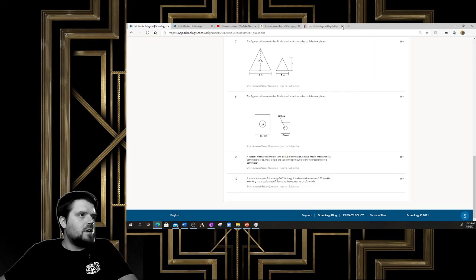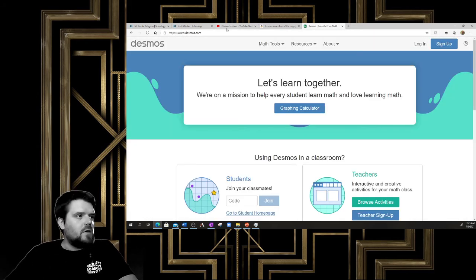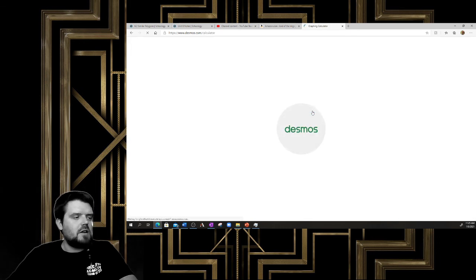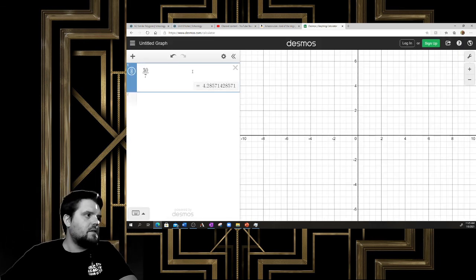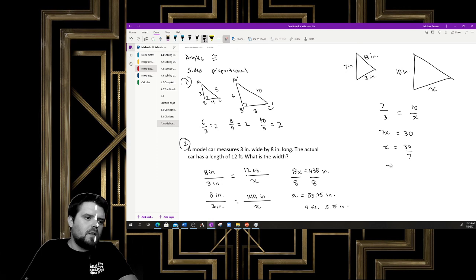Otherwise, what you would need to do is go in and look at the decimal. So let's say we use Desmos as our calculator, and I'm just doing 30 divided by 7 to get an accurate decimal. 30 divided by 7, rounded to 3 decimal places, would be 4.286.